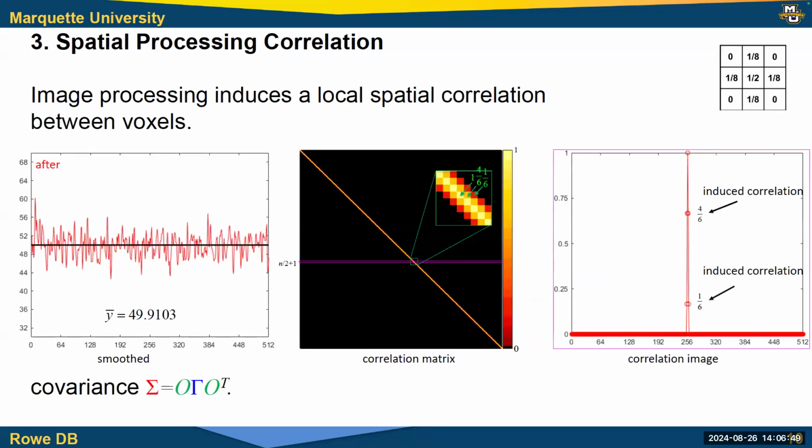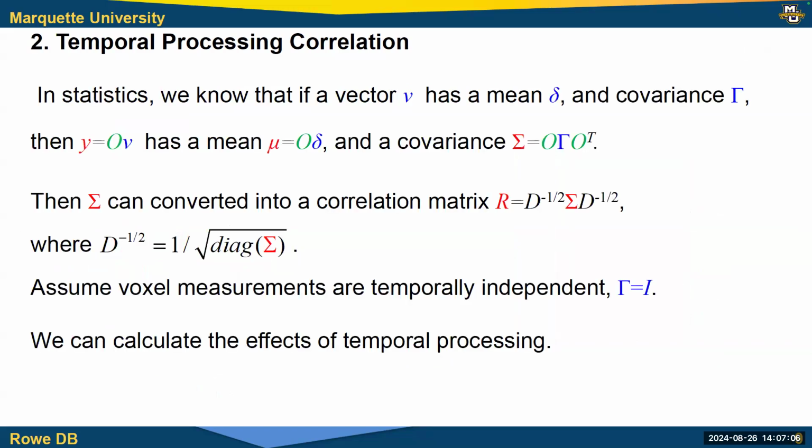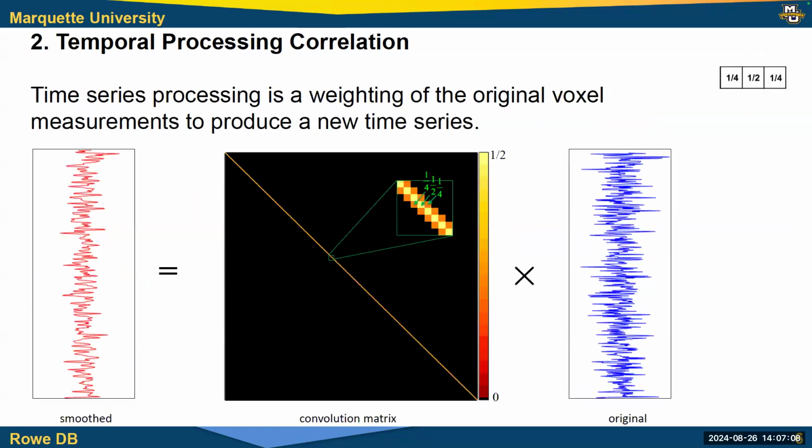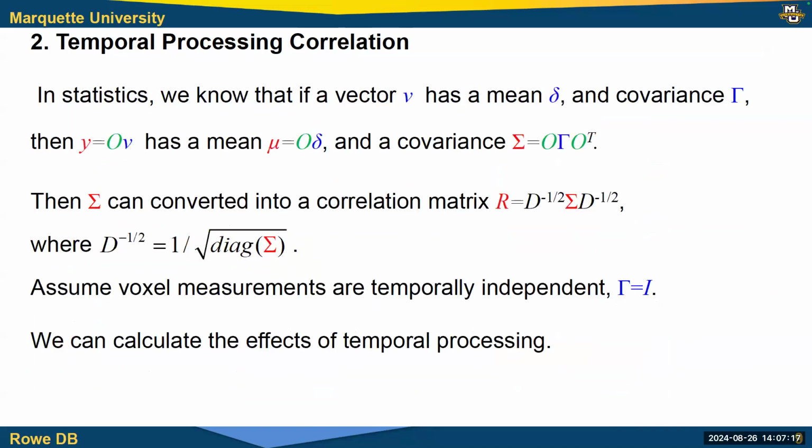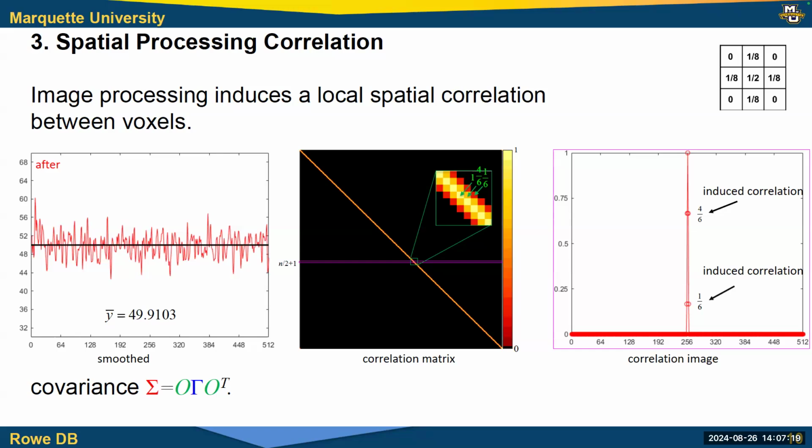Okay? And so if we did the previous three-point filtering, and I have the wrong picture up here on the top right, then when we take that matrix that I showed you here a second ago, here on slide 6, and we multiply it by its transpose, and we turn that covariance matrix into a correlation matrix, then we can see what the correlation matrix is, and we can see that induced correlation, not just forward, but also backwards.